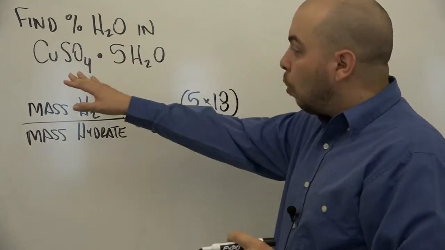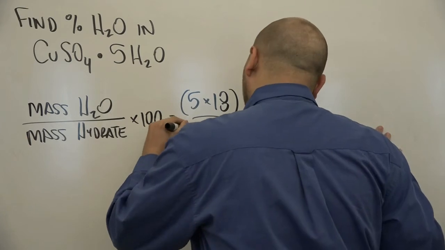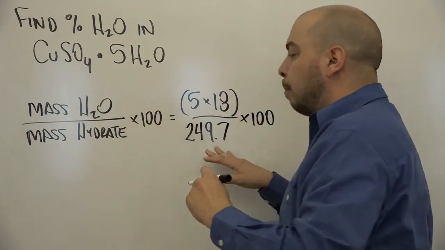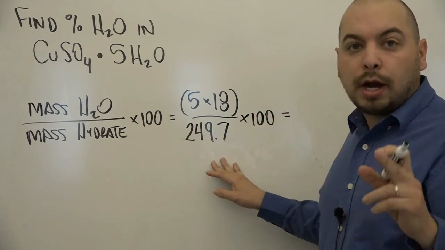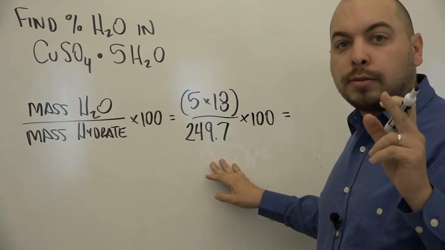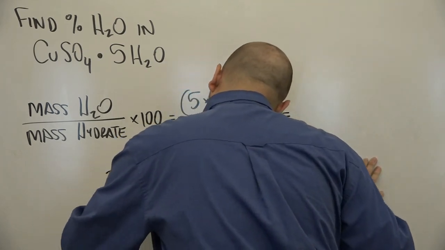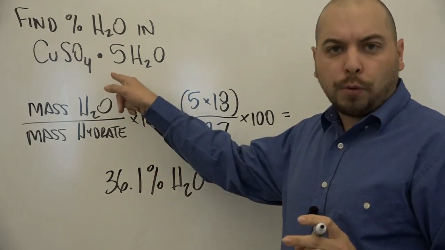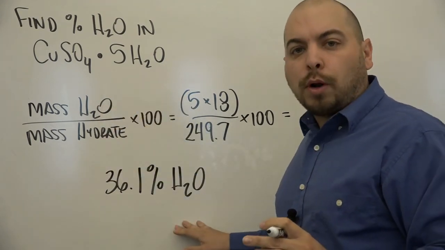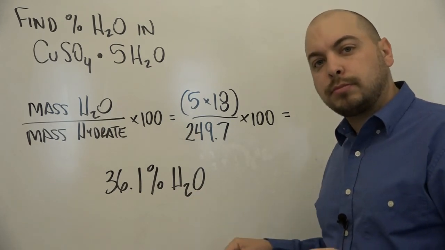That divided by the total mass of our hydrate compound, which is 249.7 grams per mole, multiplied by 100, gives us our percentage of water of 36.08 or 36.1% water. So within this compound, in the hydrate form, 36.1% of the mass is comprised of simply water molecules.